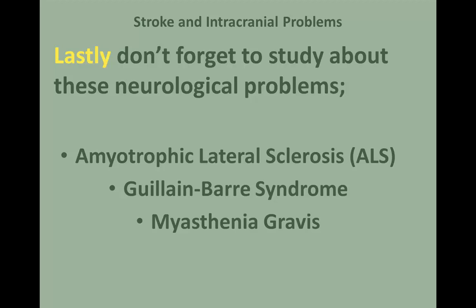The last thing I want to mention is that I'm not going to go over this content because I have copied and pasted all the content in the neurologic Cues, Clues, Intracranial Problems worksheet, but I want to remind you to make sure you look at it. There are always at least 2 questions on neurologic disorders, and that includes amyotrophic lateral sclerosis, ALS, otherwise known as Lou Gehrig's disease, Guillain-Barré, and myasthenia gravis.